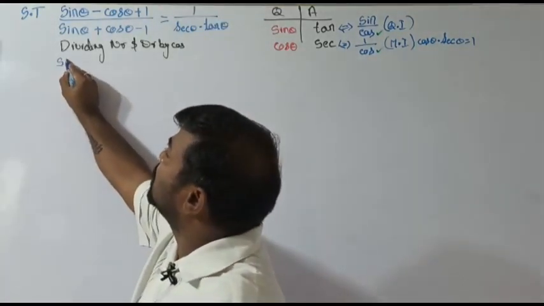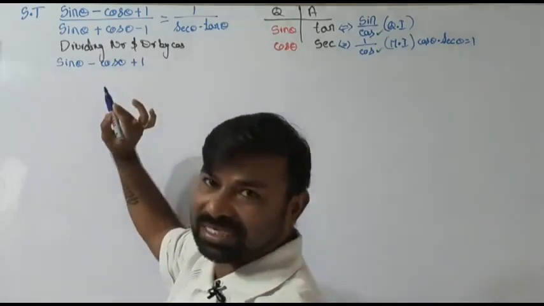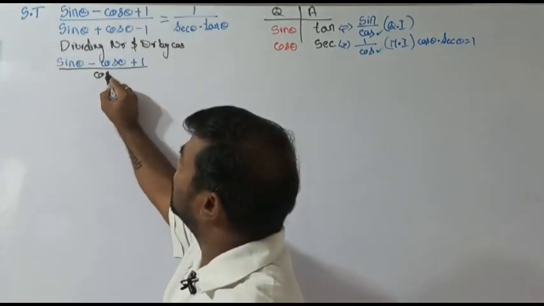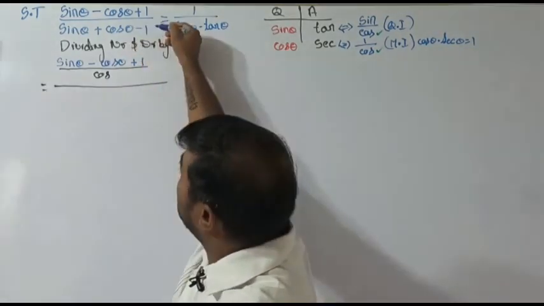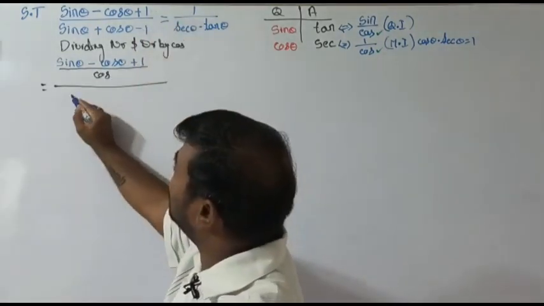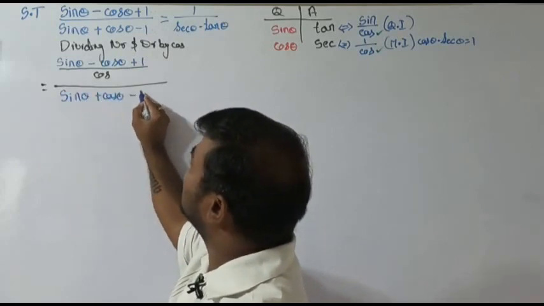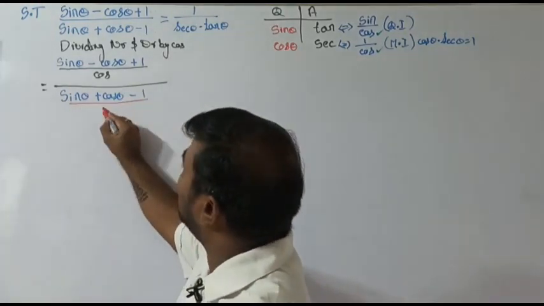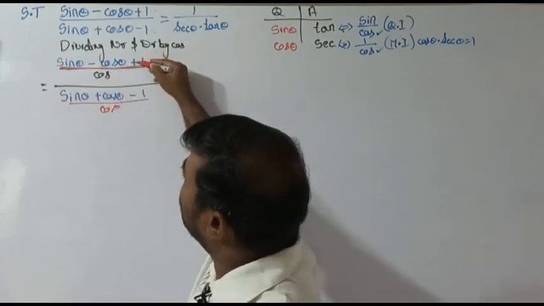So sin theta minus cos theta plus 1 is the numerator, and I am dividing the entire numerator by cos theta. Now the denominator, sin theta plus cos theta minus 1, the entire denominator is also divided by cos.